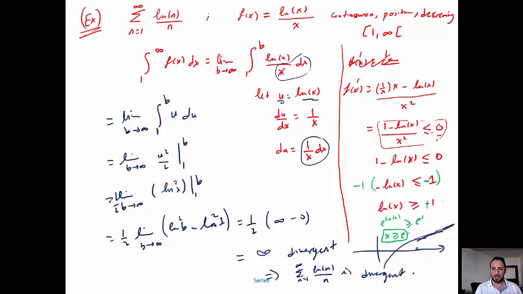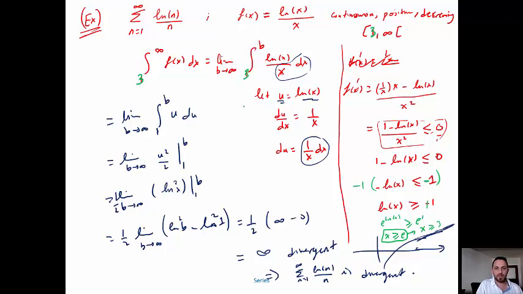There is a problem, because here n is a positive integer, right? So e is approximately 2.7, so x must be greater than 3. So you need to check from 3 till infinity.